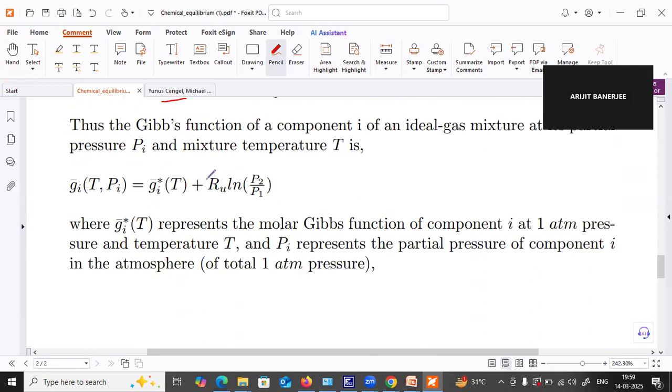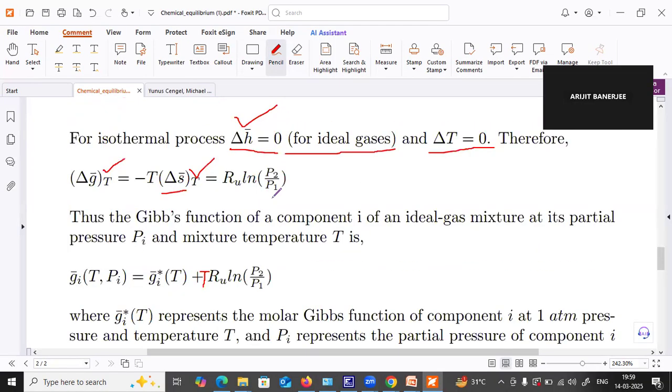Here there will be a T. Please correct this. This T will remain. I will correct this and send you the note. So T R_u ln P2 by P1.